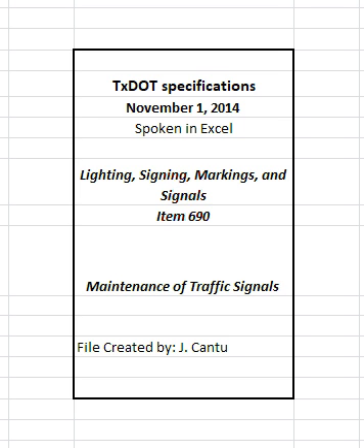Item 625, zinc-coated steel wire strand. Item 627, treated timber poles. Item 628, electrical services. Item 636, signs. Item 656, foundations for traffic control devices. Item 680, highway traffic signals. Item 682, vehicle and pedestrian signal heads.